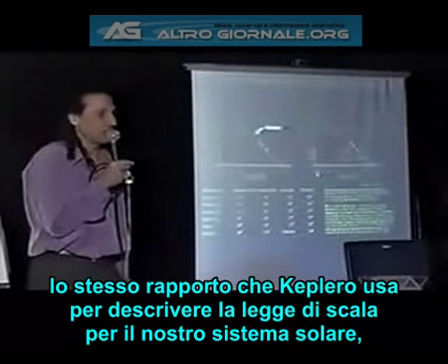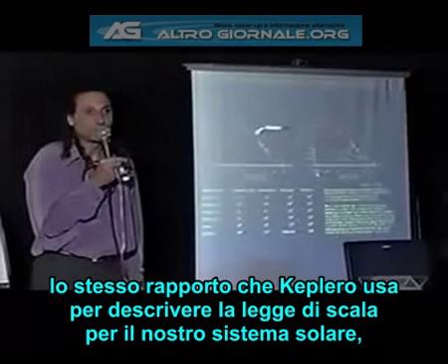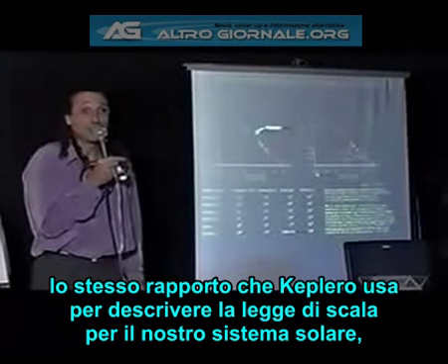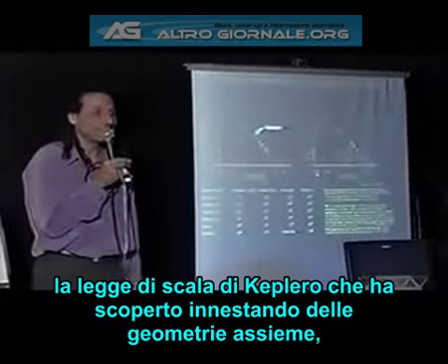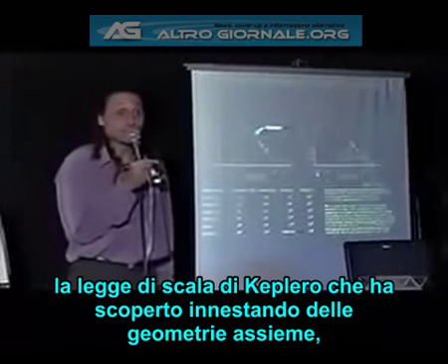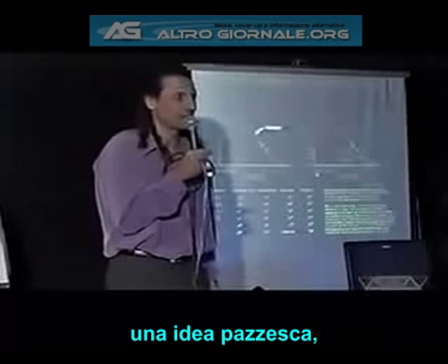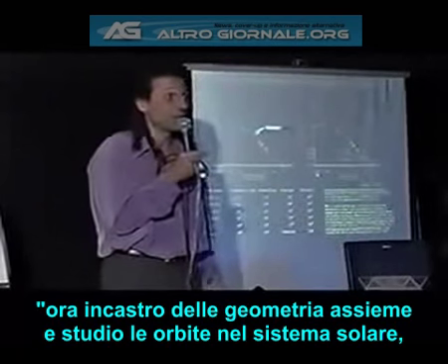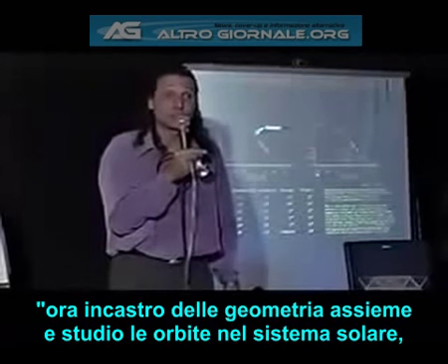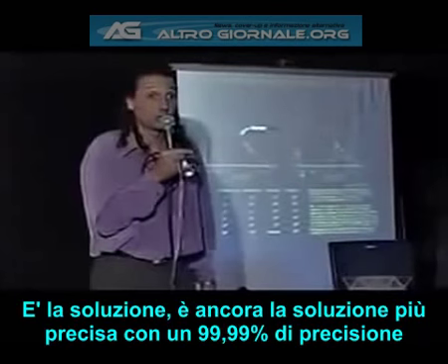The exact ratio that Kepler used to describe the scaling law for our solar system. That scaling law that Kepler came up with by embedding geometries together, which is a crazy idea. It's like, oh, I'm going to embed geometries together and figure out all the orbits of the solar system out of it. It worked.